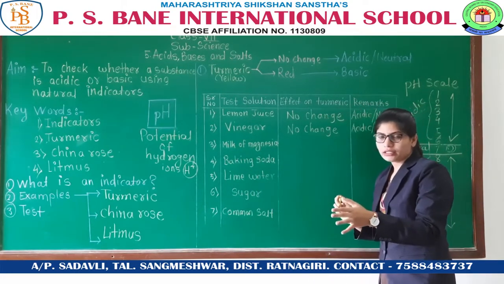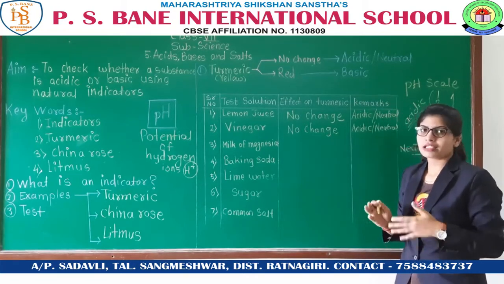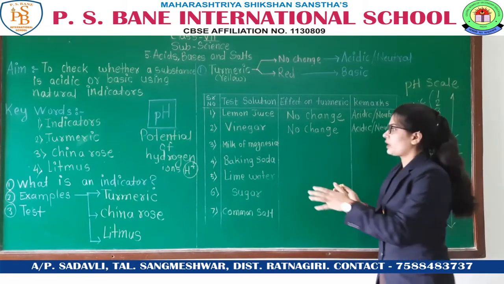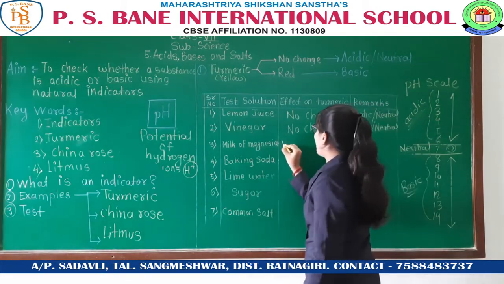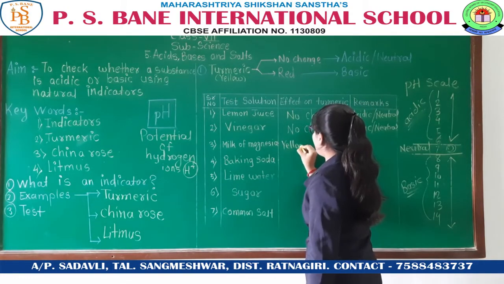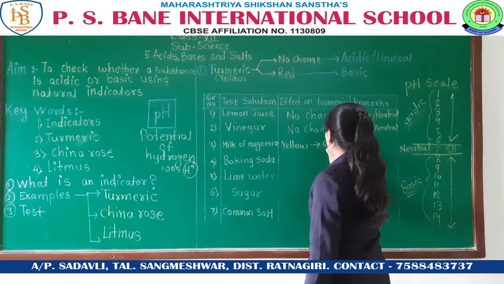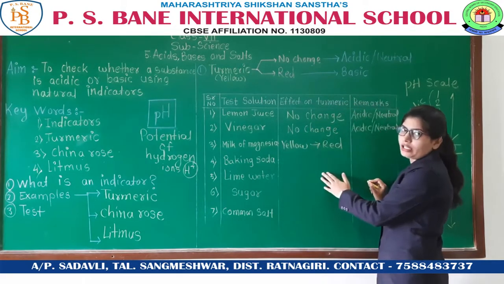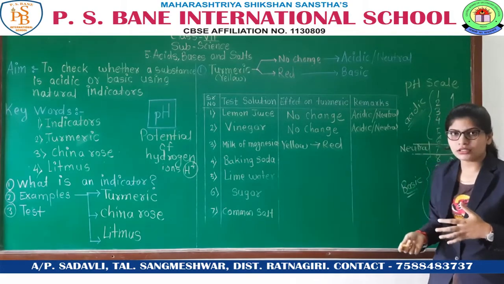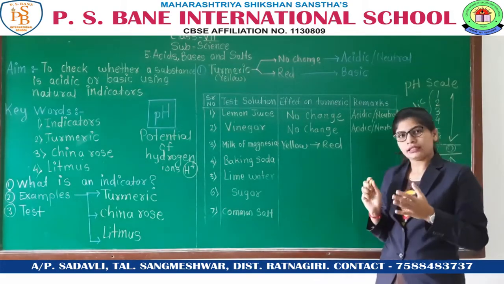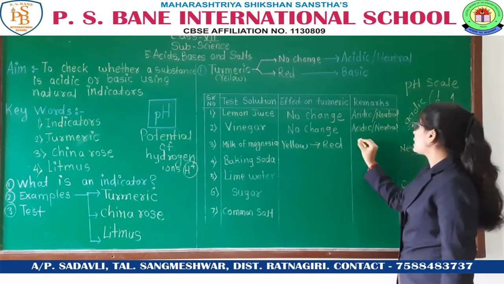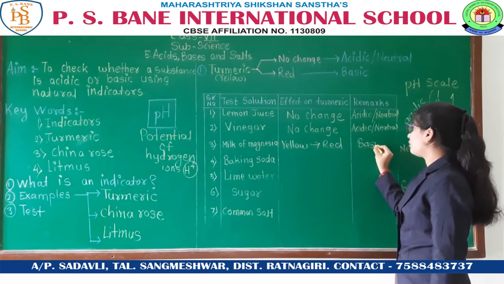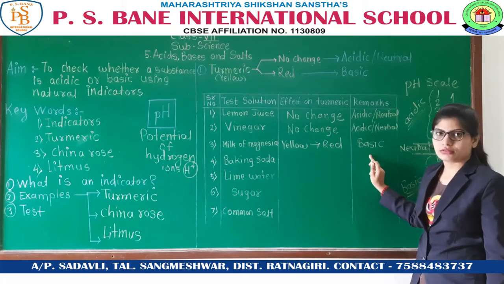I have not taken the milk of magnesia test as per availability. In milk of magnesia the yellow color changes to red. If milk of magnesia is available, then we will do that test. If the yellow color changes to red, it means the nature is basic.